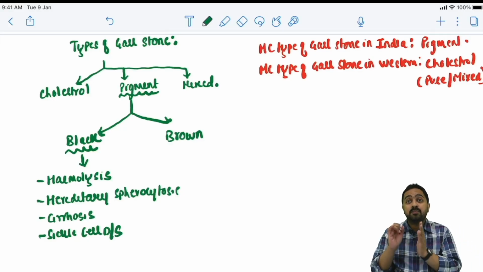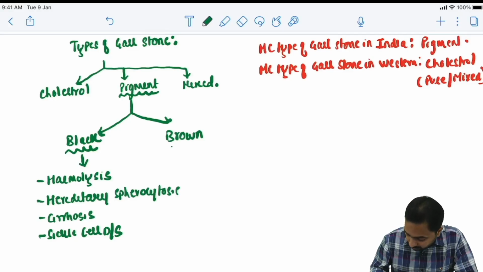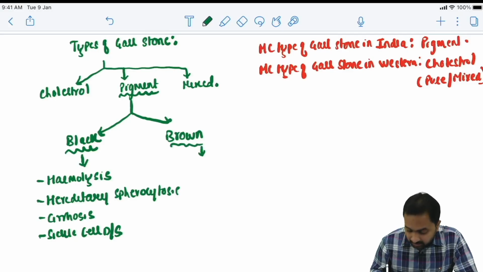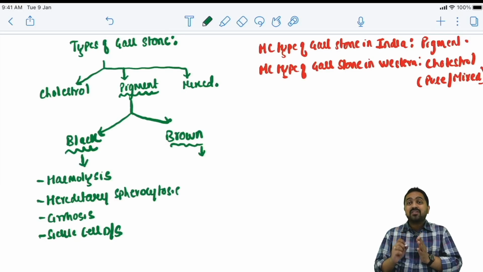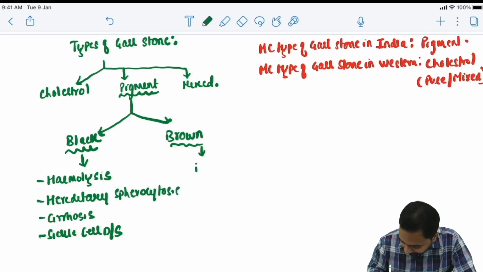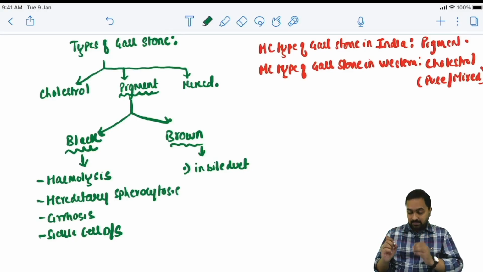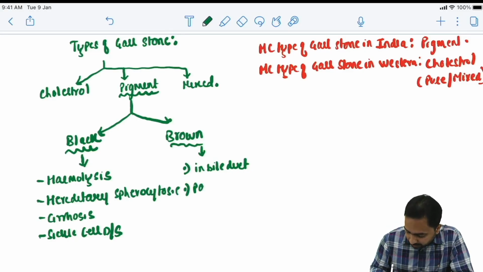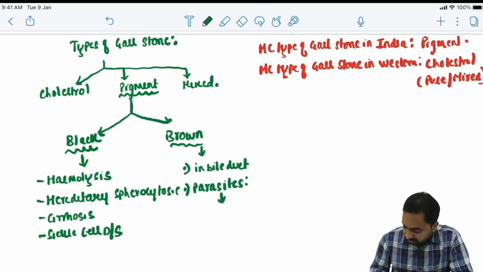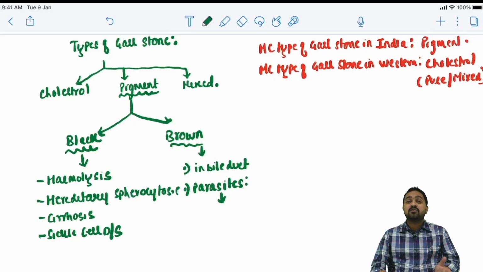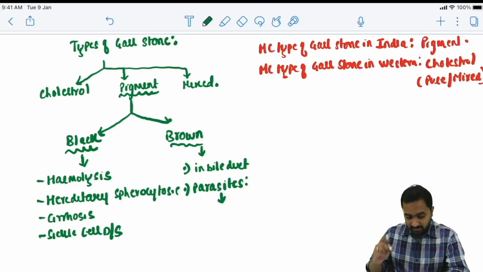Then coming down to the brown type of gallstones, these are the stones which are found primarily in the CBD. These gallstones found in the CBD are associated with parasites, which we'll be discussing also in the case of cholangiocarcinoma, where they are also risk factors.